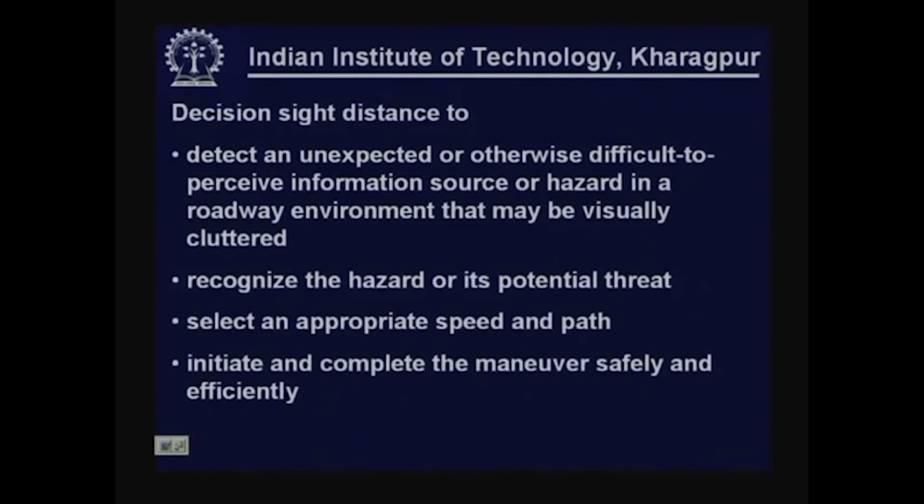So, decision sight distance should be adequate to detect an unexpected or otherwise difficult to perceive information source or hazard that may be visually cluttered, to recognize the hazard and its potential threat, and to initiate and complete the maneuver safely and efficiently.